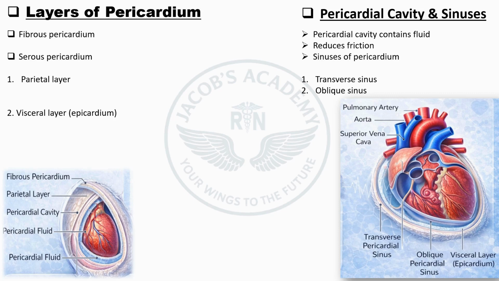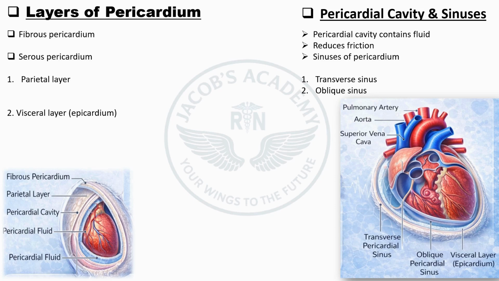These sinuses are clinically important and are useful during certain cardiac surgical procedures. The layers of the pericardium and the pericardial cavity together protect the heart and allow smooth and efficient cardiac activity.